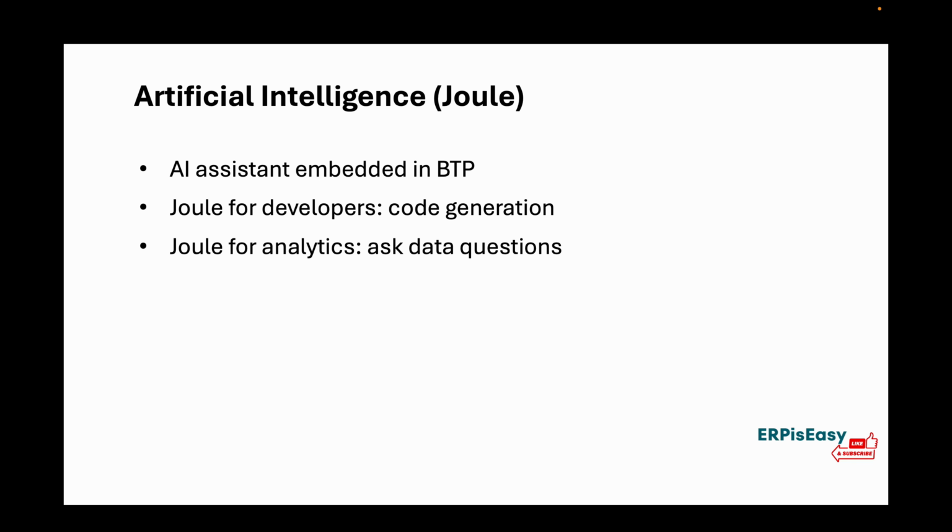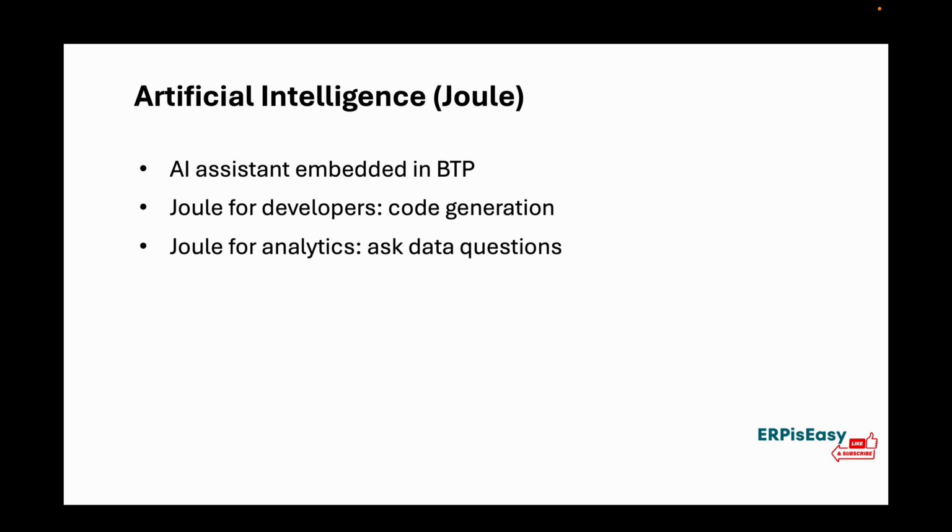Just like everyone else, SAP is also developing artificial intelligence for its enterprise applications. SAP's AI is called Joule. It's available within BTP and is tightly integrated with all its functionalities like application development, data and analytics, and integration. For example, Joule for developers helps build applications with the aid of AI.